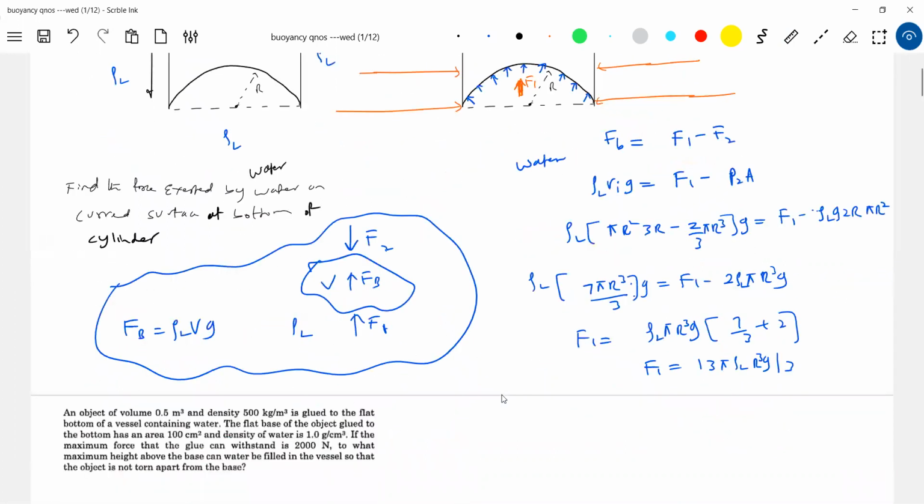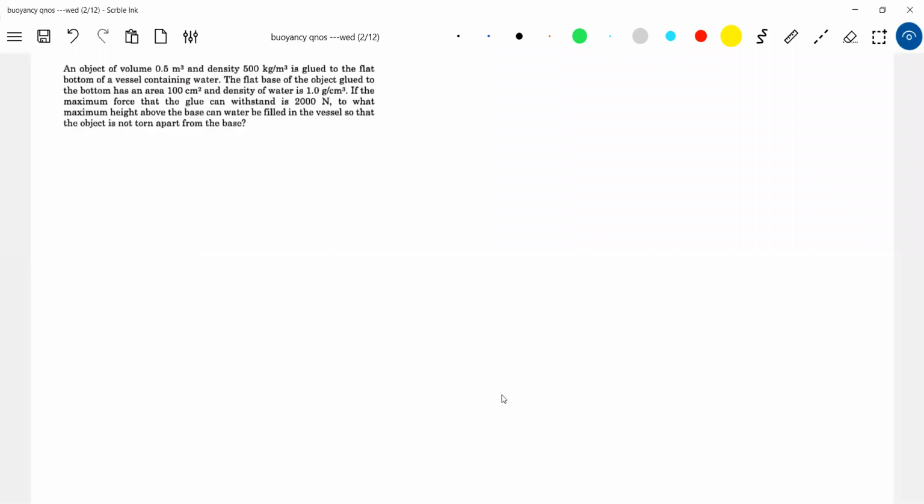Okay, now read the next question. I'll give the diagram. Read the question, meanwhile I'll draw the diagram.